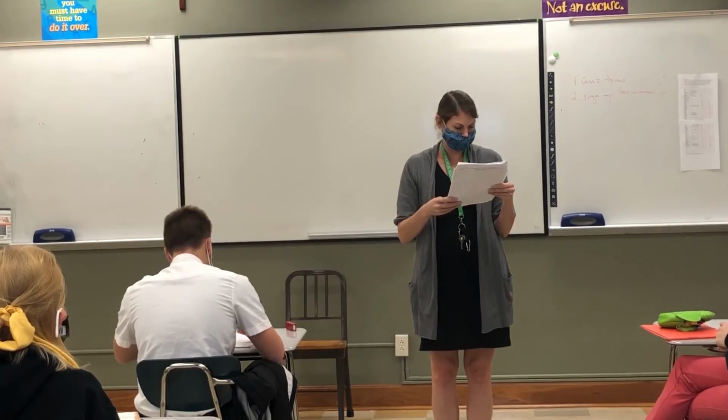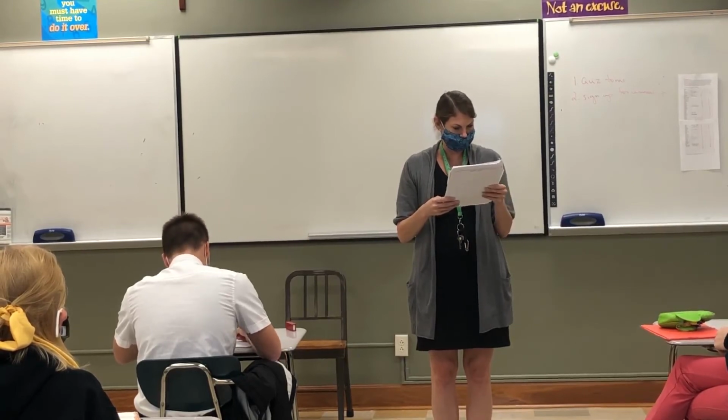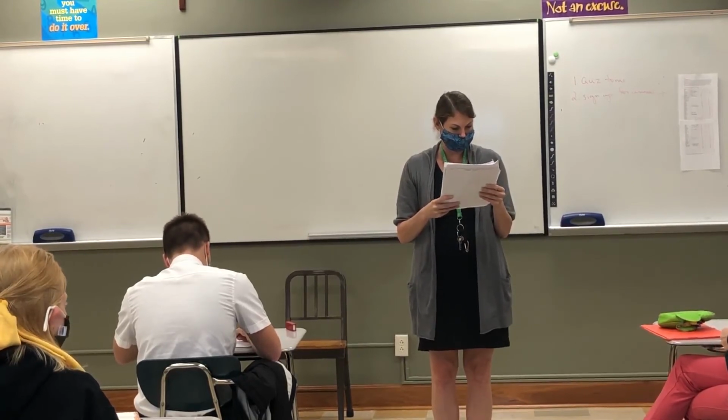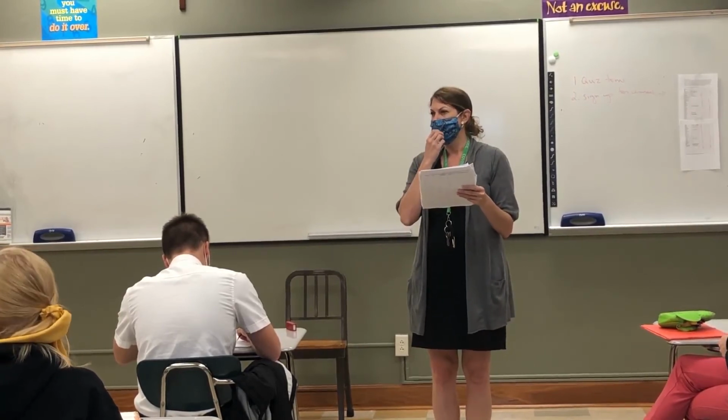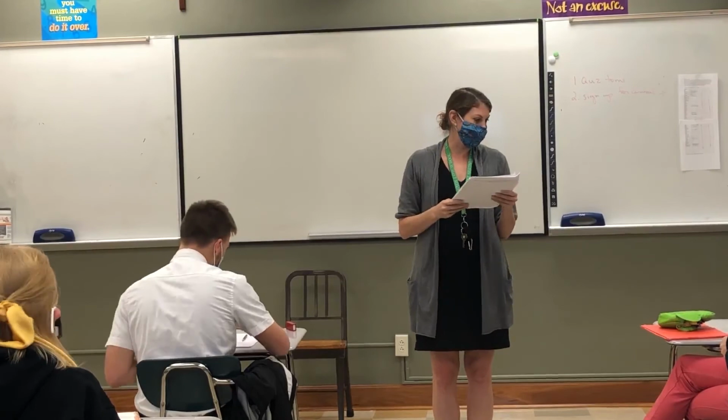Oh, we have an odd number. Okay, Elizabeth and Keller, and then Jack, I will put you with John, and John, who's your buddy? Bree? Okay, so you'll be a group of 3.